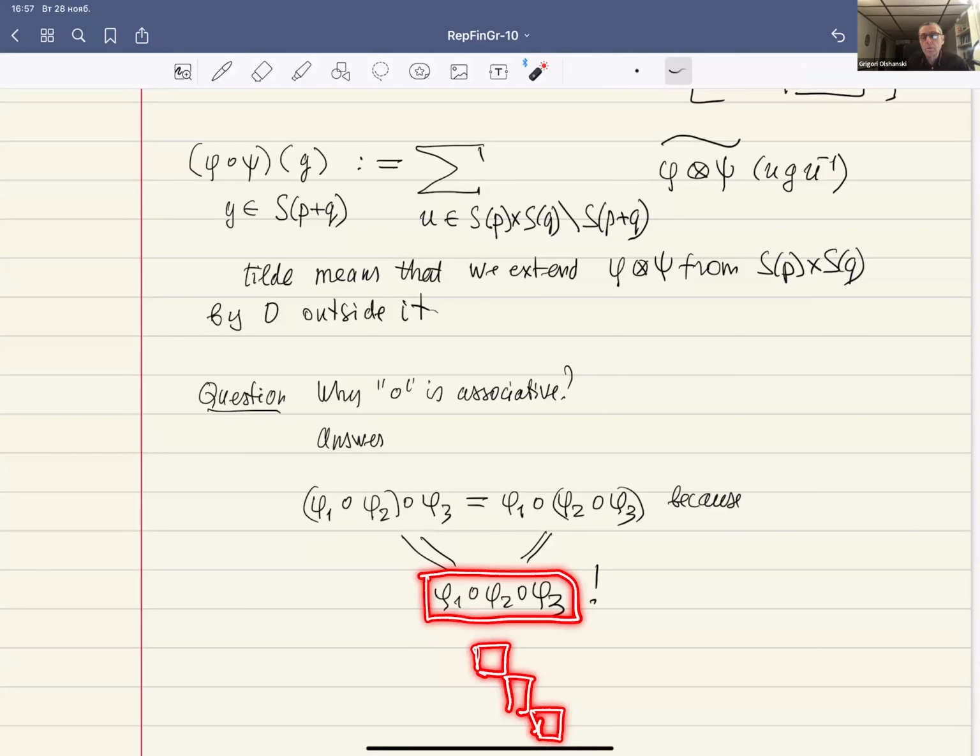Is it clear? Because we can define such a product with any number of blocks.